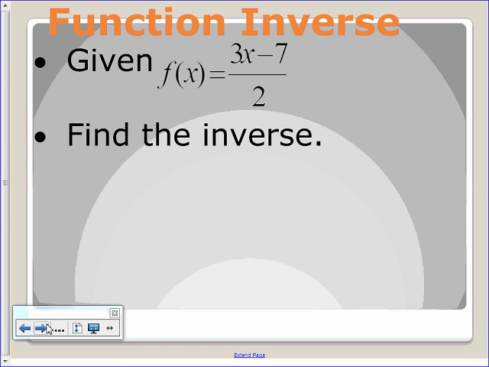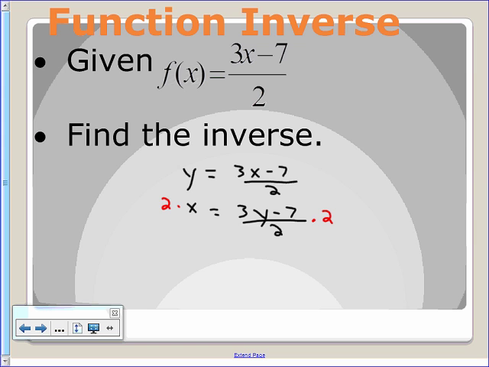This time we have a fraction. Does that make it any different? No. Still doing step 1 the same. Still doing step 2 the same. Now, step 3. How do we solve for y here? Okay, remember, to get rid of a fraction, we multiply by the denominator. 2x equals 3y minus 7.